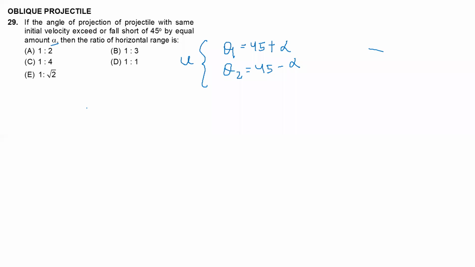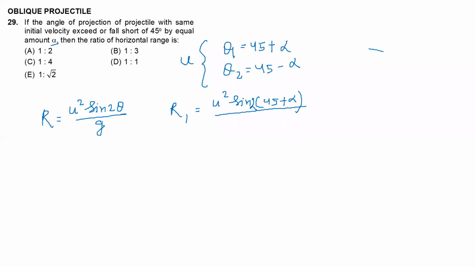What is the formula for horizontal range in oblique projectile? R is equal to u square sine 2 theta by g. Yes or no? So here in the first case, if I am interested to find R1, then that will be u square sine 2 into 45 plus alpha divided by g.